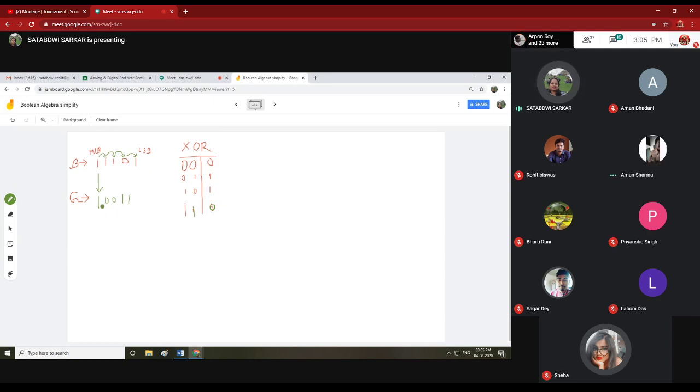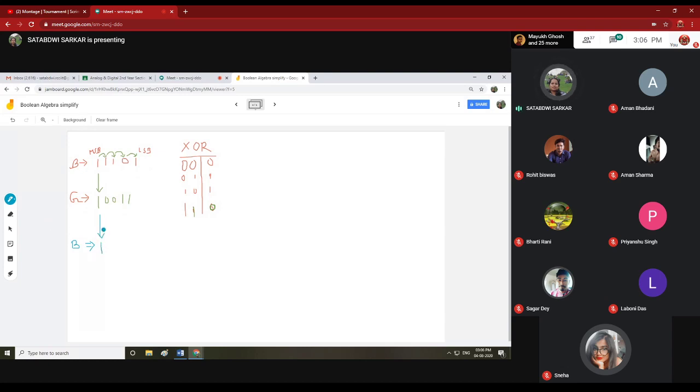Now, whether it is right or wrong, we will prove this using the same XOR operation, but in another way. For converting this gray code again into binary code, to see whether our result is okay or not, first the MSB will be same as it is.